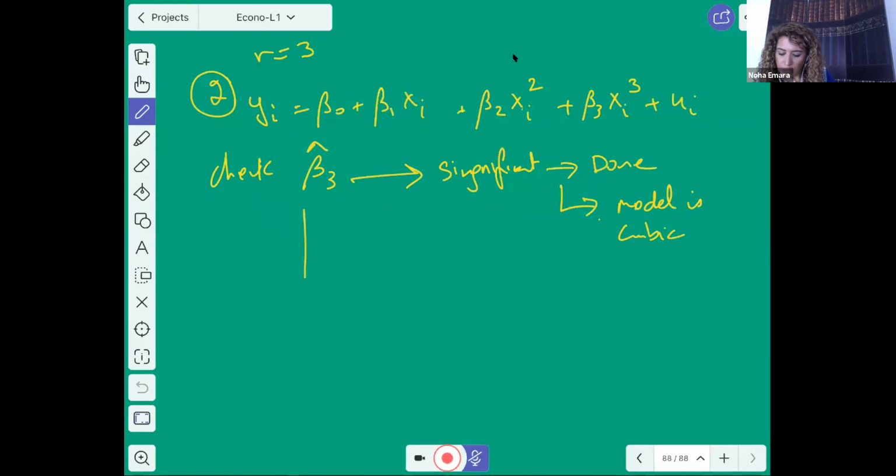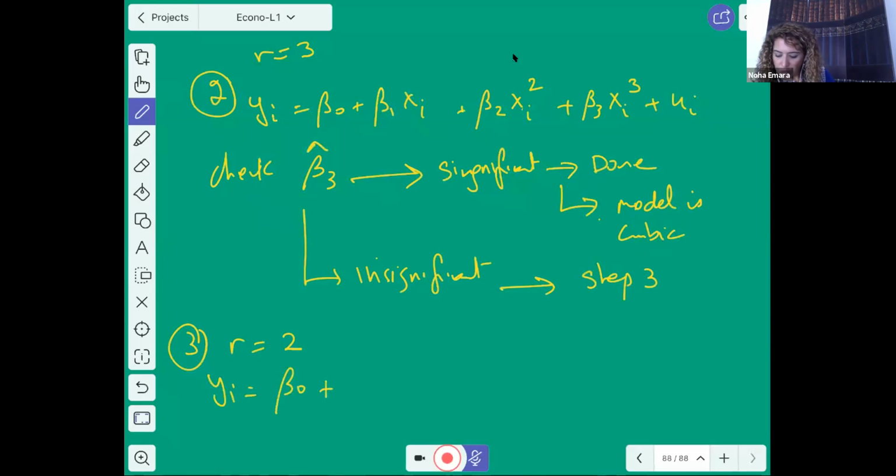If insignificant, go to step 3. In step 3, you estimate yi equals beta naught plus beta 1 xi plus beta 2 xi squared plus ui, okay?